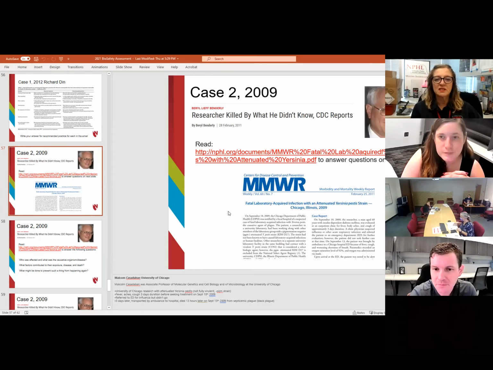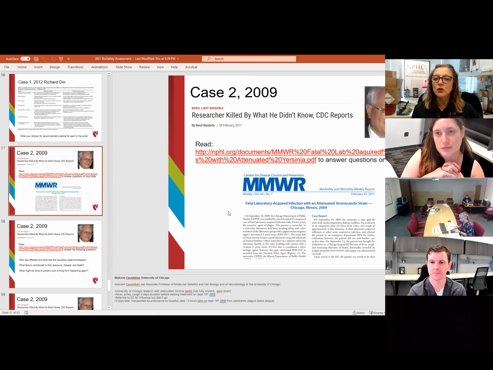I found this just very interesting because it shows that you just don't know what can happen. This is an organism that we use in laboratories. It's an attenuated strain. We use it in our public health laboratory on occasion for QC.